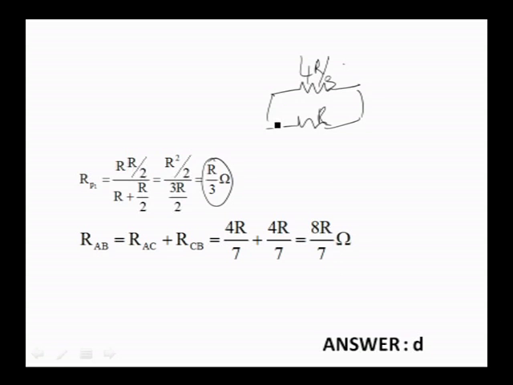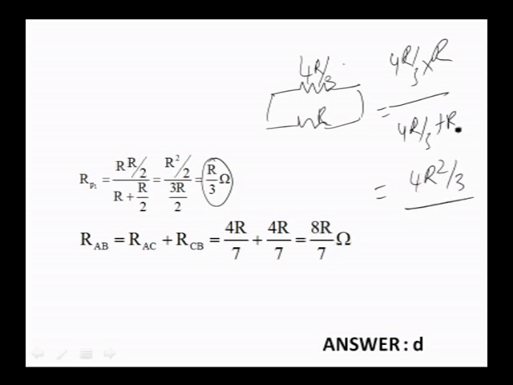This is R. Now we are going to calculate the effective resistance. 4R by 3 into R divided by 4R by 3 plus R. Okay, like this. This is equal to 4R square by 3 divided by 7R by 3. Okay, this 3 cancels, this square, this one cancels. The effective resistance we are getting is equal to 4R divided by 7.